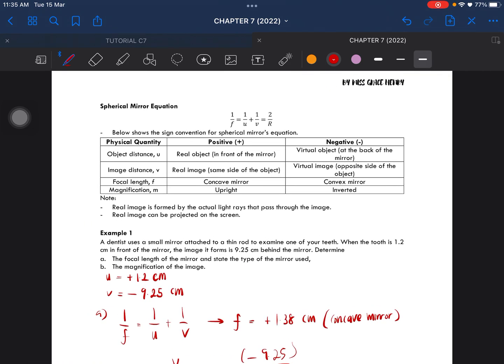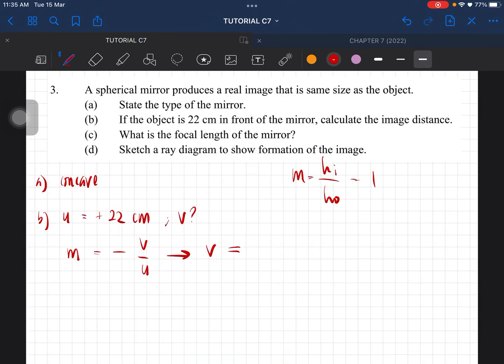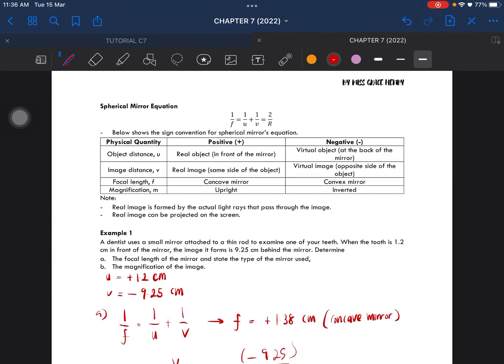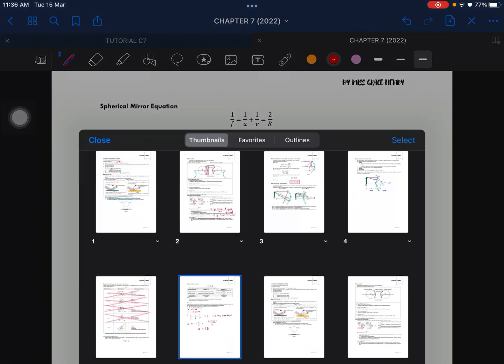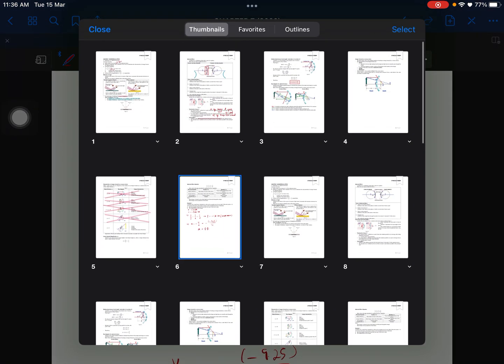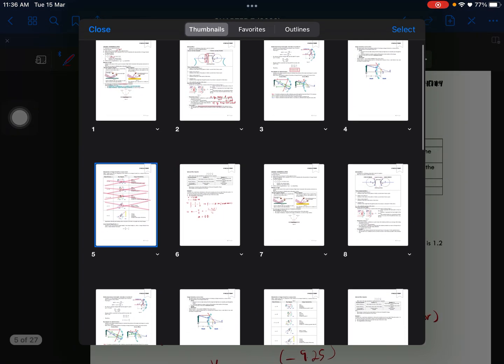Okay, so the question says it produces a real image that is the same size as the object. For this case, if you look at the table, where is our table? This one.